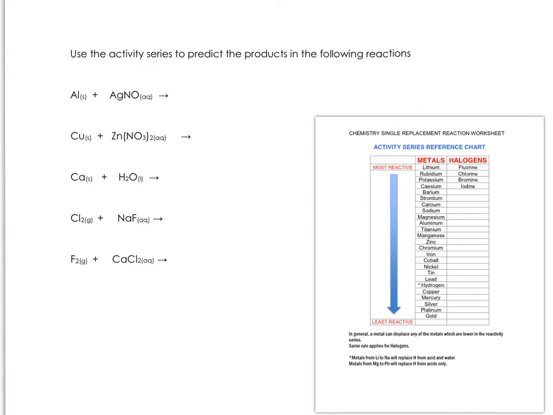Okay. So let's do a couple of examples using metals. So first one, aluminum plus silver nitrate, AgNO3. The aluminum is the element, and the silver in the compound is the similar element. So for the metals, you will always be looking at the element at the beginning of the formula for the compound.